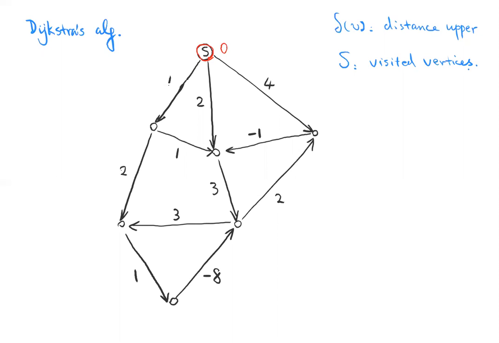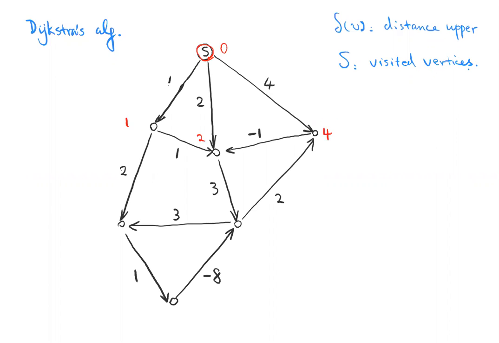So these three vertices will be updated. The distance upper bound of these three will be changed from infinity to 1, 2, and 4 respectively. So here's 1, here's 2, and here's 4.